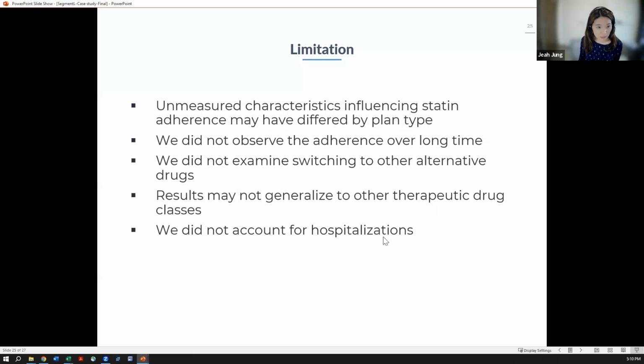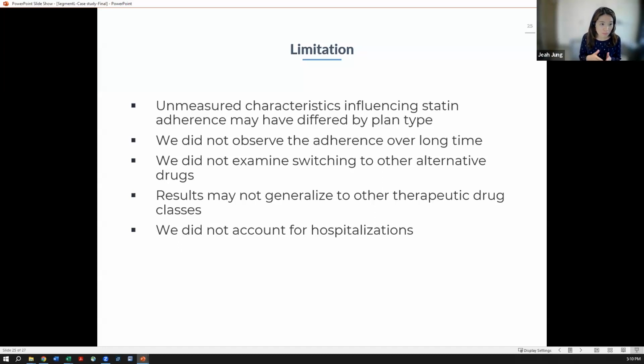Another thing that we missed is that we didn't use A and B data. We decided not to use A and B data. So we did not account for hospitalizations, which means that if you are hospitalized, you are very likely taking statins if you are a statin user during the hospital stay, but that doesn't show up in Part D data, right?